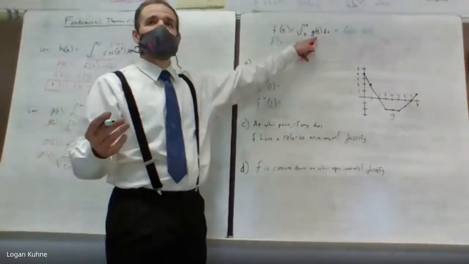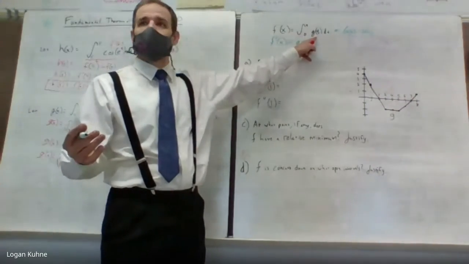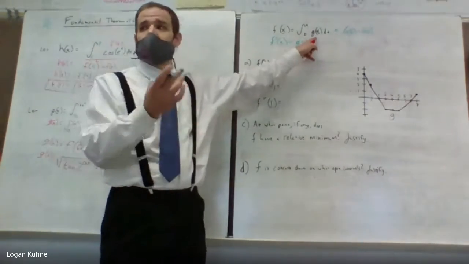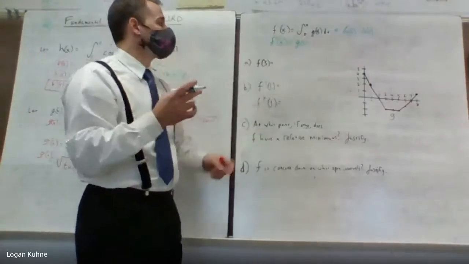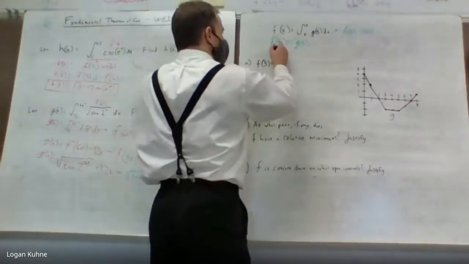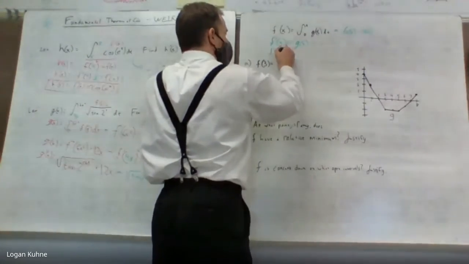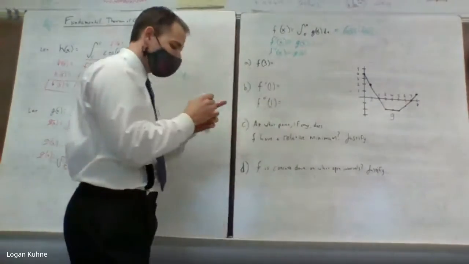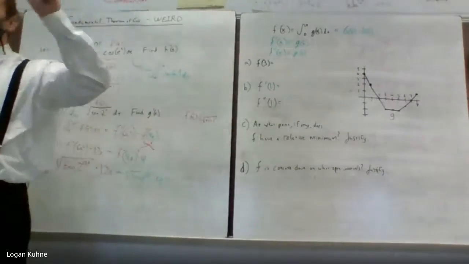If I'm anti-deriving something, and then you want me to derive it, we're right back where we started, aren't we? So g of x. Then I want you to write underneath it, f double prime of x is equal to g prime of x. Those are the two things you need.